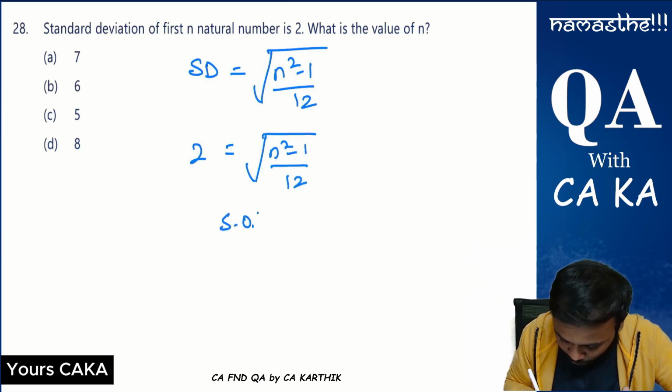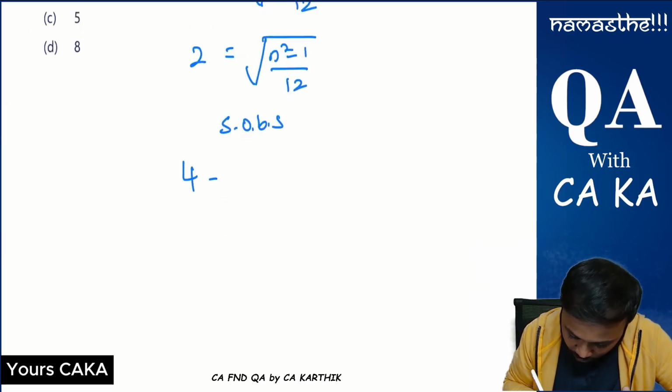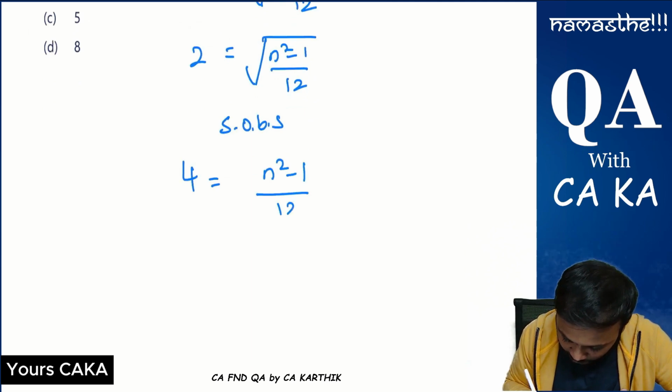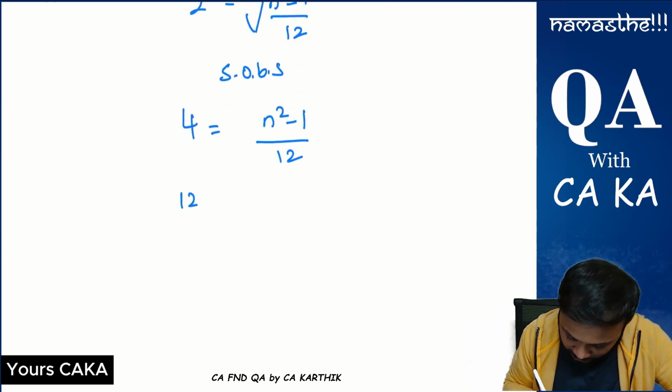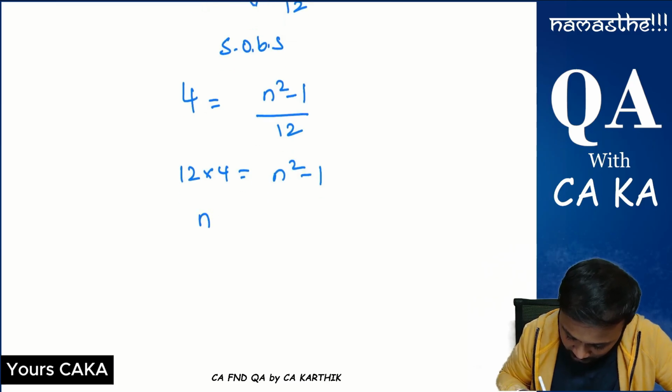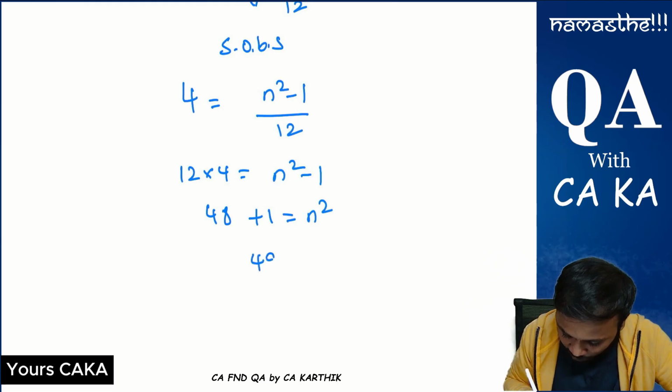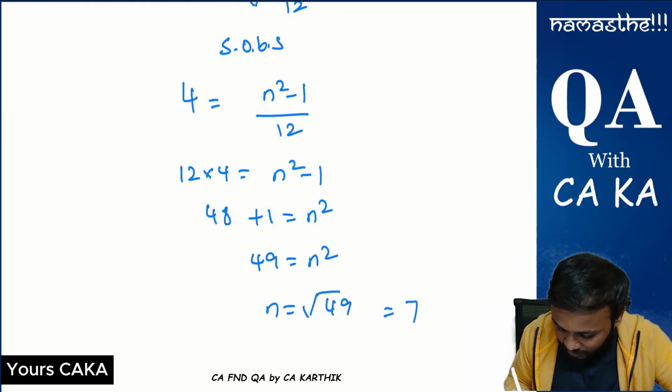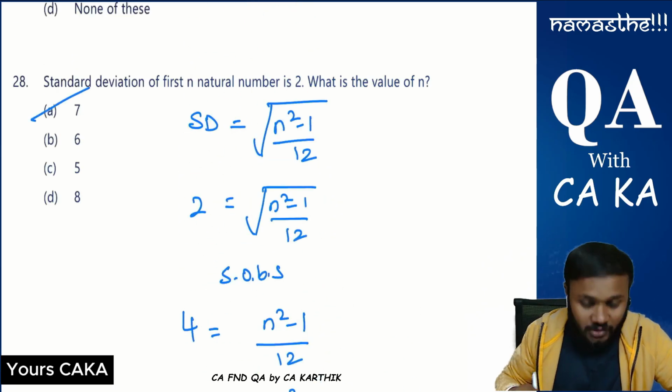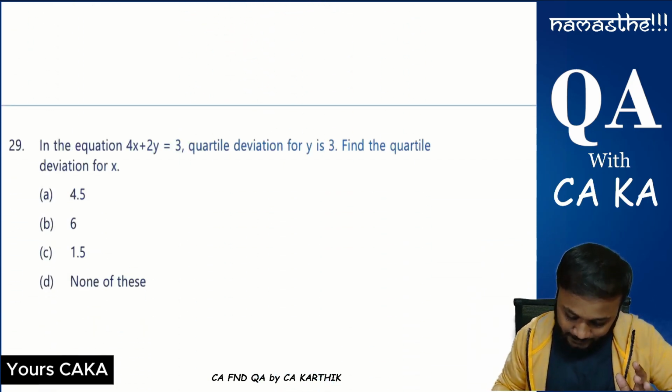Squaring both sides, 4 is equal to (n square minus 1) by 12. So 12 into 4 is equal to n square minus 1. 48 plus 1 is equal to n square. 49 is equal to n square. n is equal to root of 49, which is 7. You can solve this straight away, but I'm just solving stepwise.